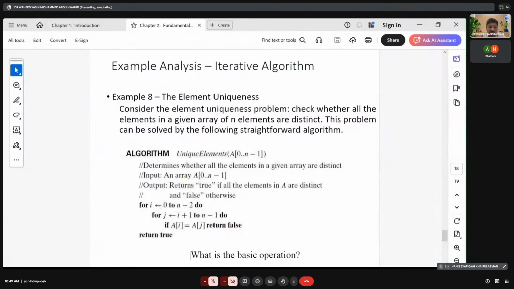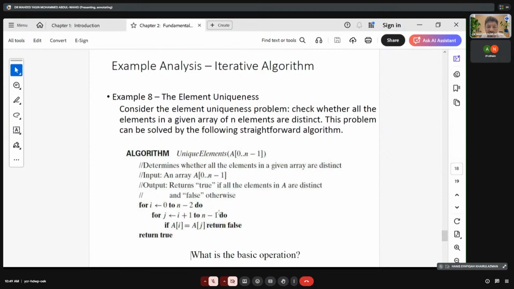Here we have: for i from 0 to n minus 2, do; for j from i plus 1 to n minus 1, do; if A[i] equals A[j], return false. So here we compare one item with the items in the array: first item with the rest, second item with the rest, third item with the rest.